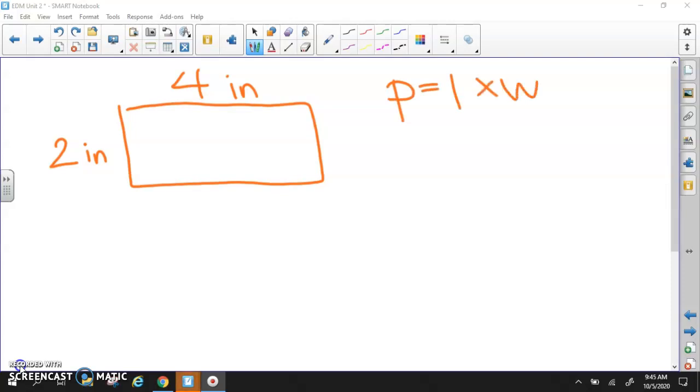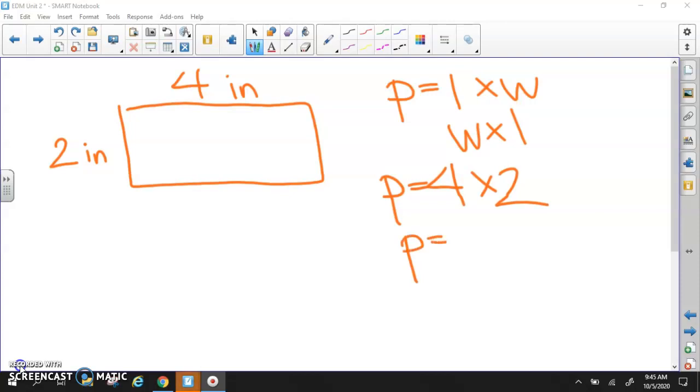Perimeter equals the length times the width. Here's what's really beautiful about multiplication as well: you can switch the numbers and still find the same number, right? So yes, what was said, the perimeter equals 4 times 2. So what does it equal?